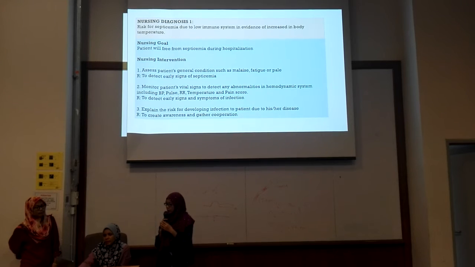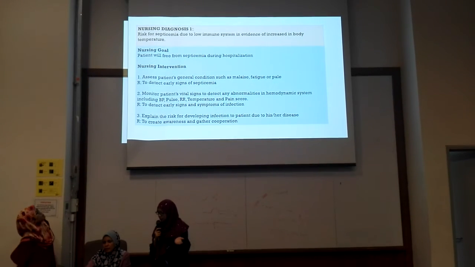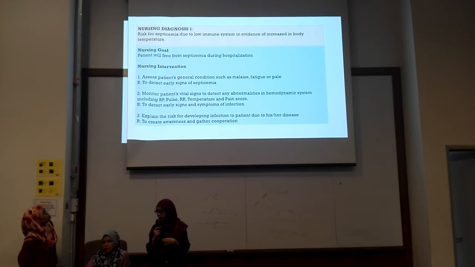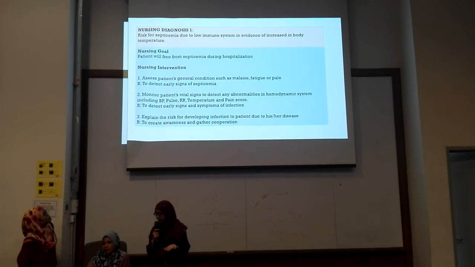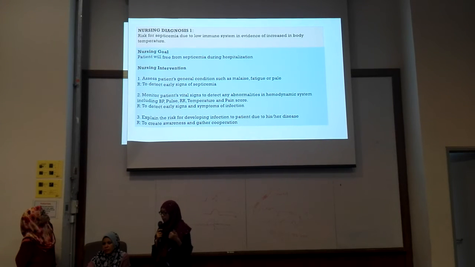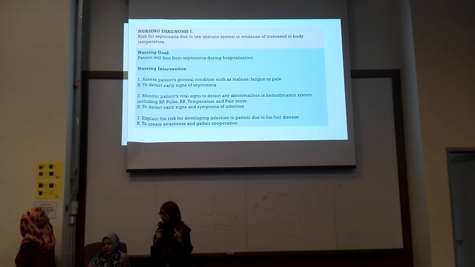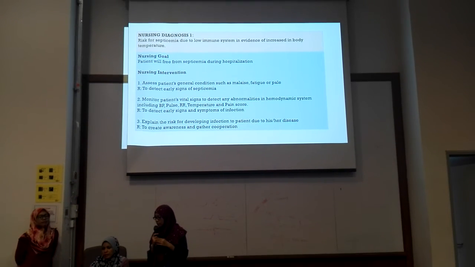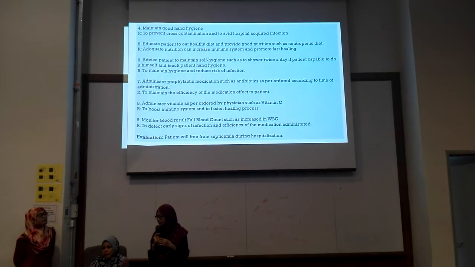For nursing intervention, assess patient's general condition such as malaise, fatigue, or pain. Then monitor patient's vital signs to detect any abnormalities in hemodynamic system, including blood pressure, pulse, respiratory rate, temperature, and pain score. Third, explain the risk for developing infection to the patient due to his or her disease.